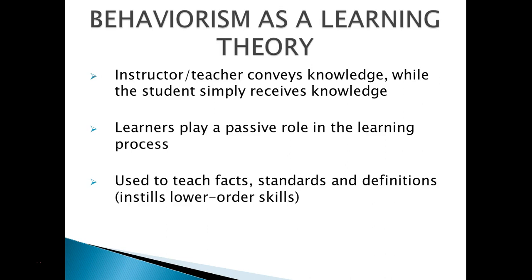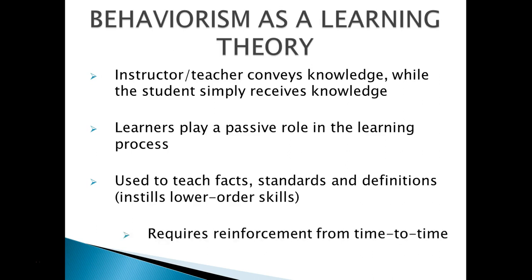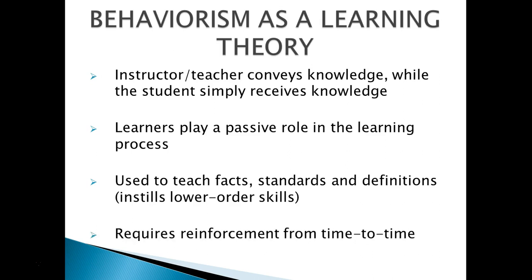This type of learning approach can be beneficial in teaching facts, standards, and definitions, and mainly concentrates on instilling lower-order skills such as recalling and listing. However, in order for learning brought about through the behaviorist approach to be retained, intermittent reinforcement is necessary. Lack of such reinforcement may lead to the learning being forgotten.